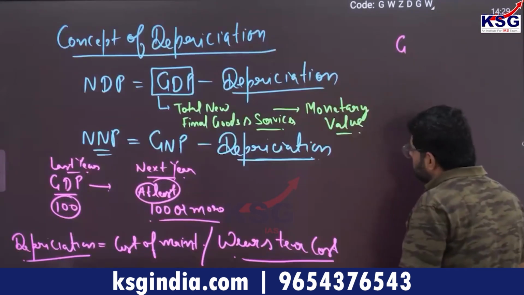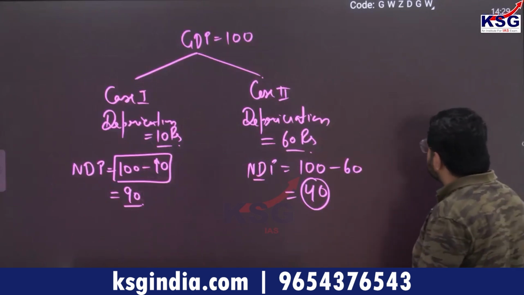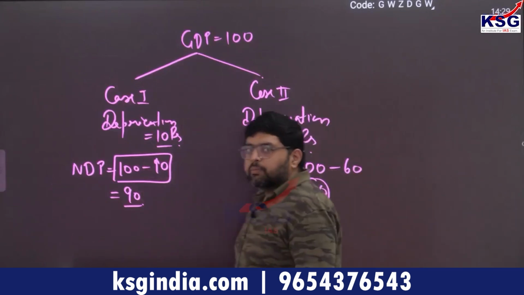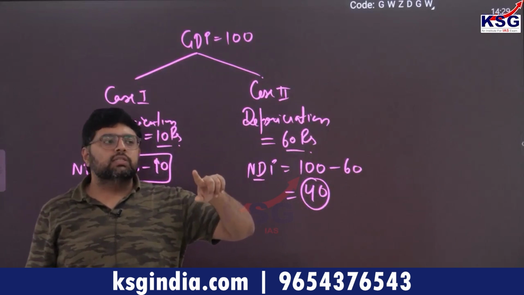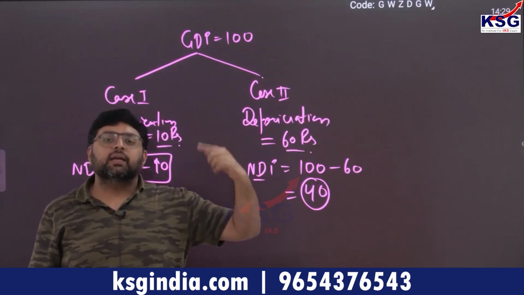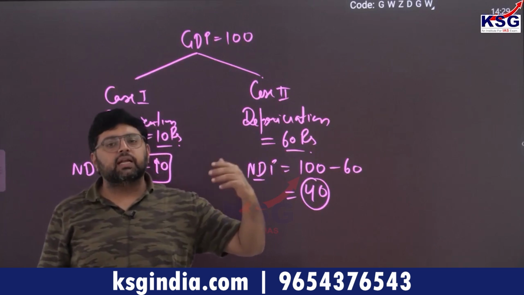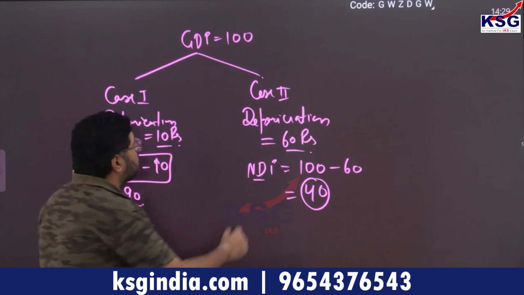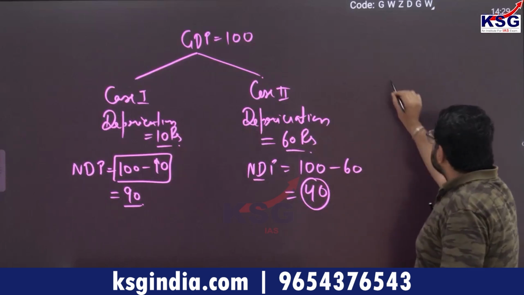Similarly, ultimately this is what we want to see through depreciation: how much amount we are spending in order to sustain my economy or sustain my GDP, or at least get the GDP which I got last year. So this is the amount I spent in order to get at least the previous year's GDP. This is one thing.